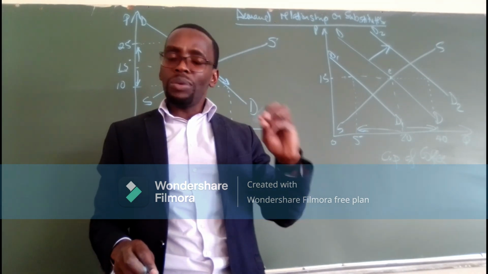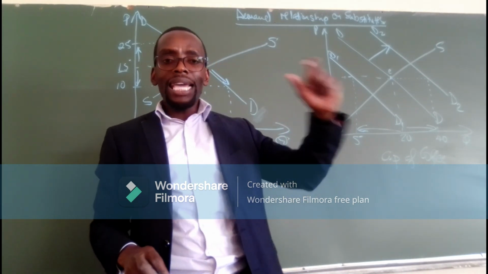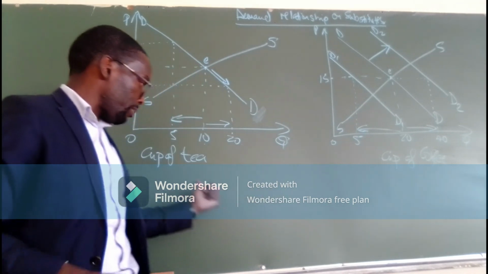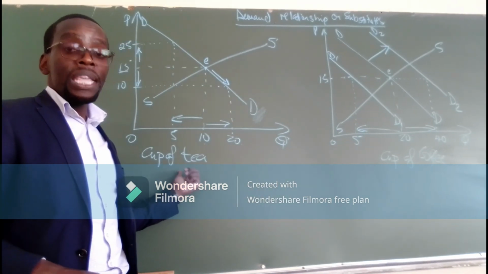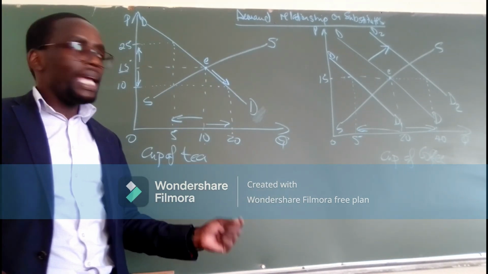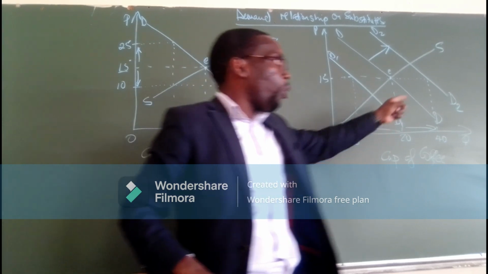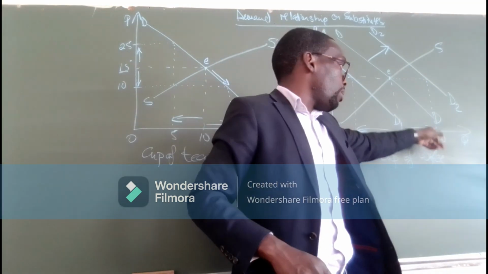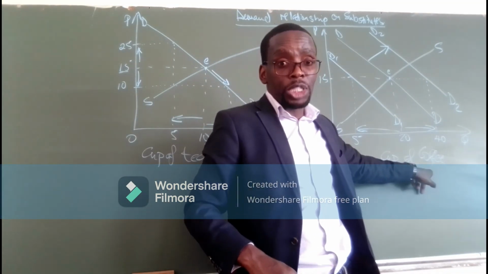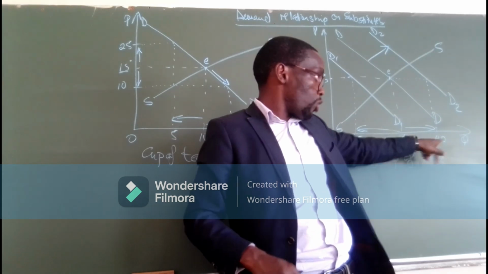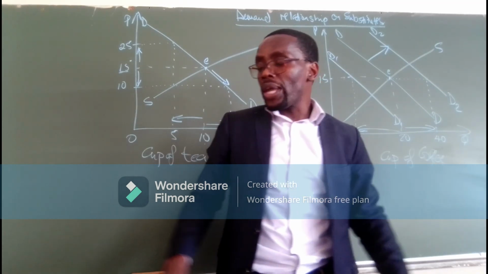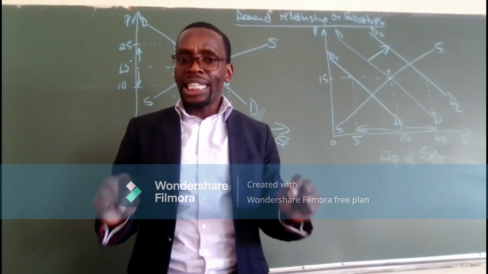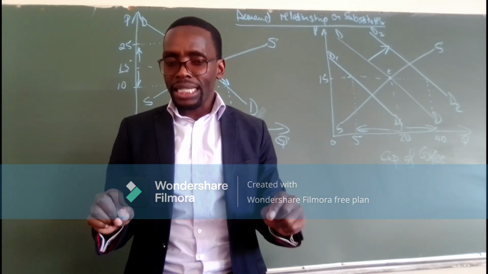Now, this is the relationship that we need to understand. When we are dealing with substitutes, an increase in the price of tea, or product A, is going to result in an increase in the quantity of product B, which is the substitute, in this case coffee, that is going to be demanded. So those products are said to be substitute products.